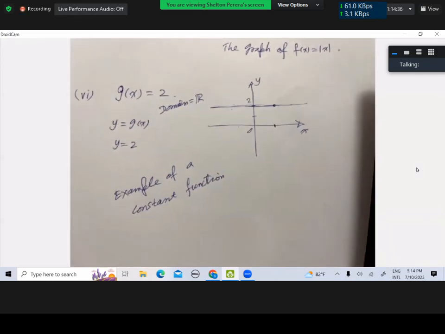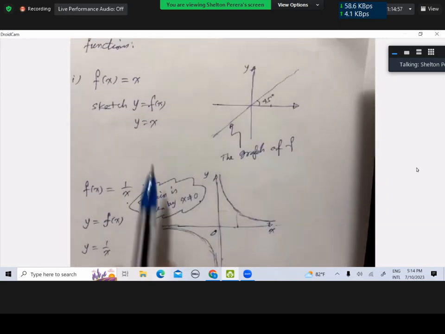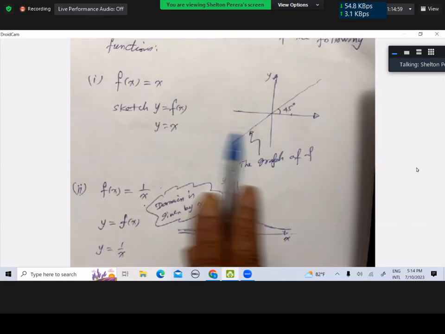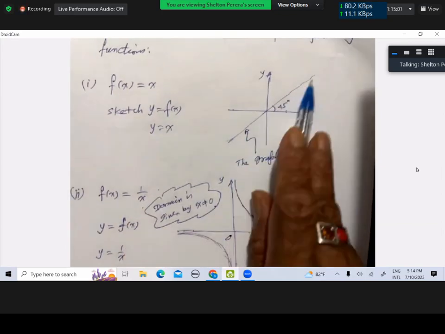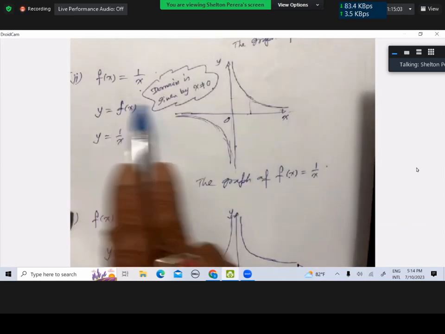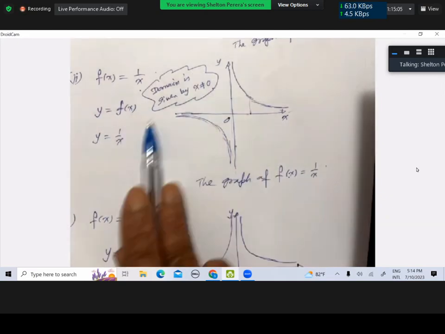Now, constant function, we did g of x equals 2. Then, f of x equals x, we sketched. Y equals f of x equals 1 over x. 1 over x squared.